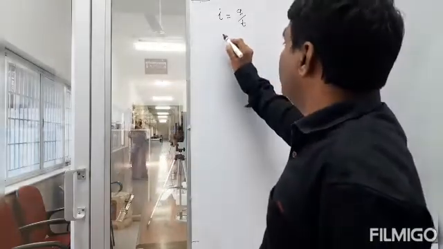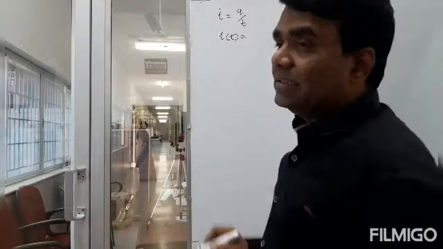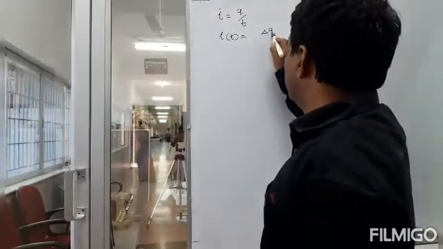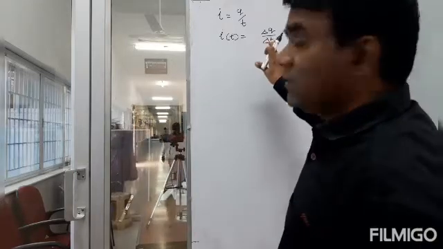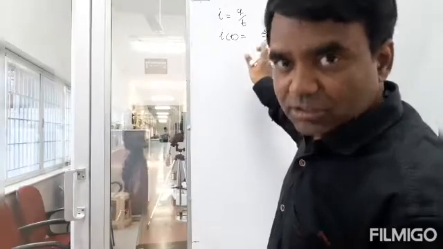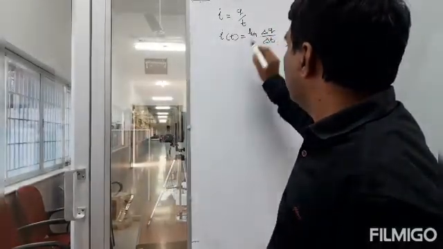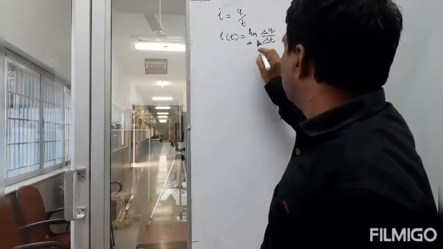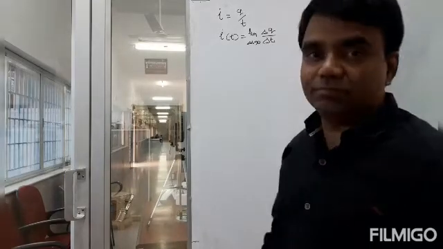So I at any particular point in time t is given by the expression delta q by delta t, that is the rate of change of charge, when delta t tends to 0.